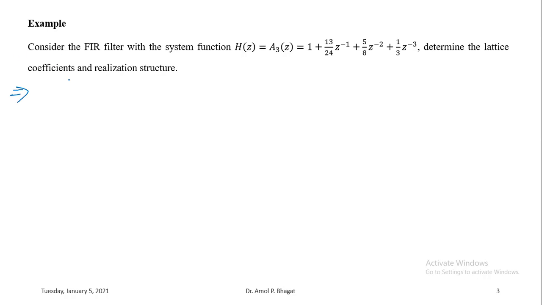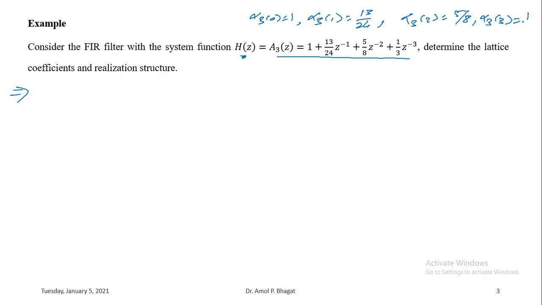So as you can see here, we are using the equation that we have obtained in previous session as a3 of z. So this is nothing but the system function given. Okay, and it has the direct form filter coefficients as alpha 3 of 0 is 1, alpha 3 of 1 is 13 by 24, alpha 3 of 2 is 5 by 8, while alpha 3 of 3 is 1 by 3.